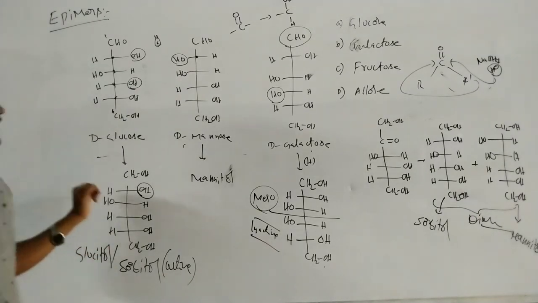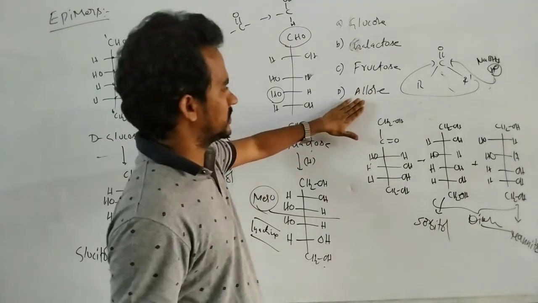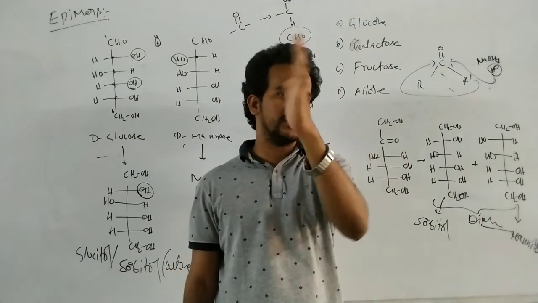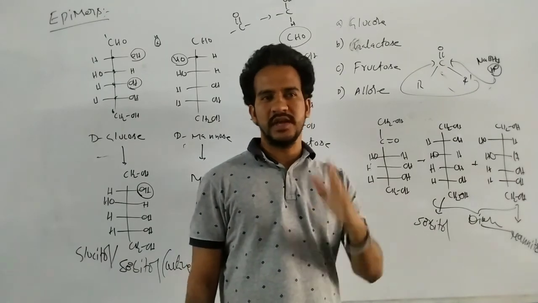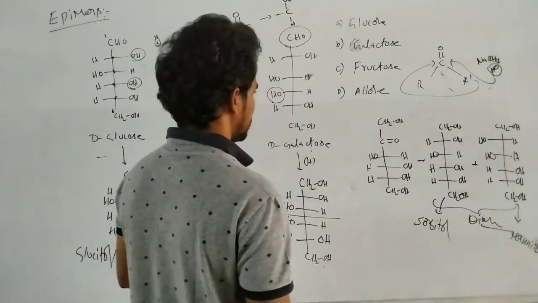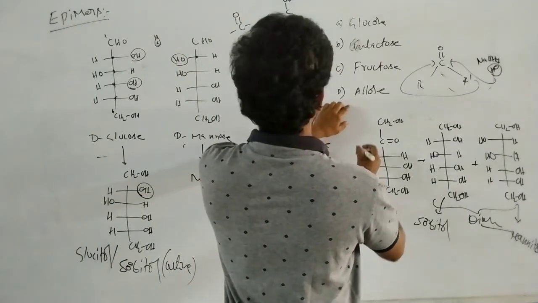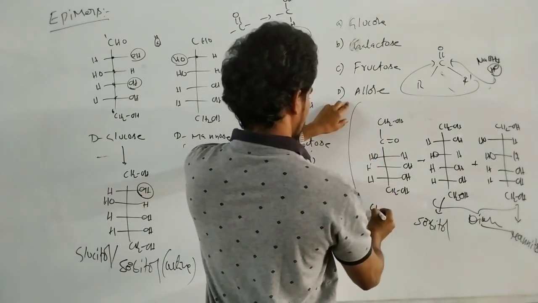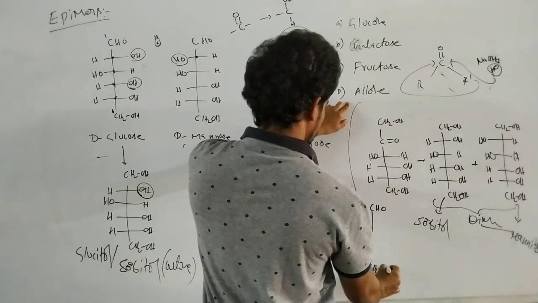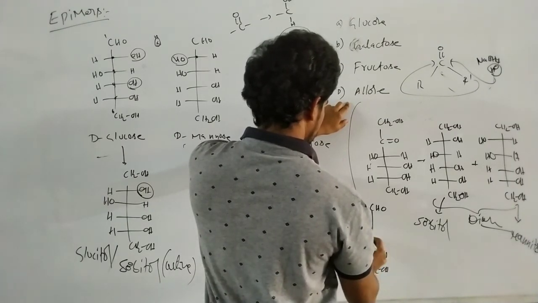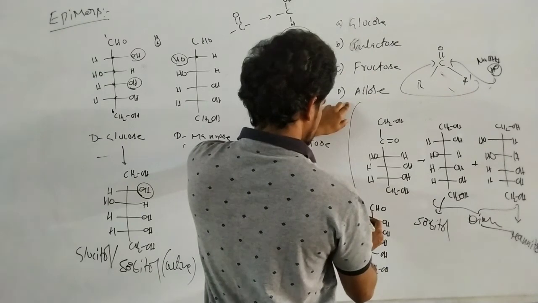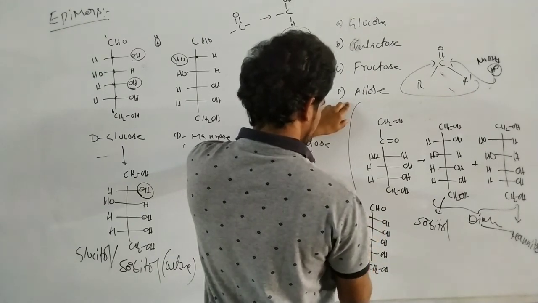Okay. So next, allose. In the case of allose, all the OH groups are on the same side, the right side. That means for allose, CHO, and the remaining CH2OH, OH on the right side, OH, OH, OH all on the right side, hydrogen, hydrogen, hydrogen.